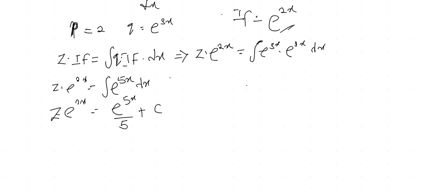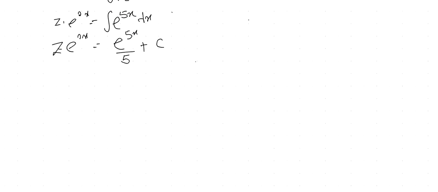Then what is z? Don't forget that z is equal to y raised to the power of minus 3. So it's y raised to the power of minus 3 times e raised to the power of 2x, which is equal to e raised to the power of 5x over 5 plus c.